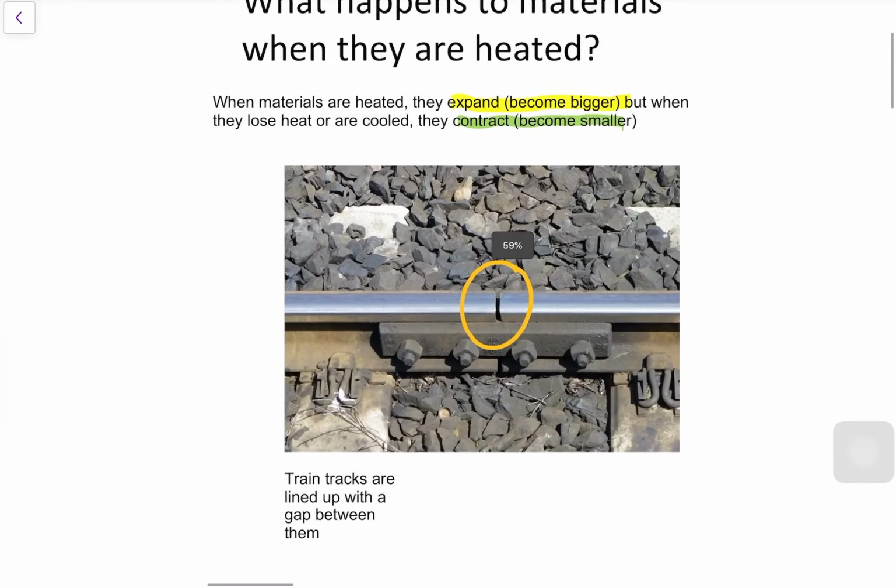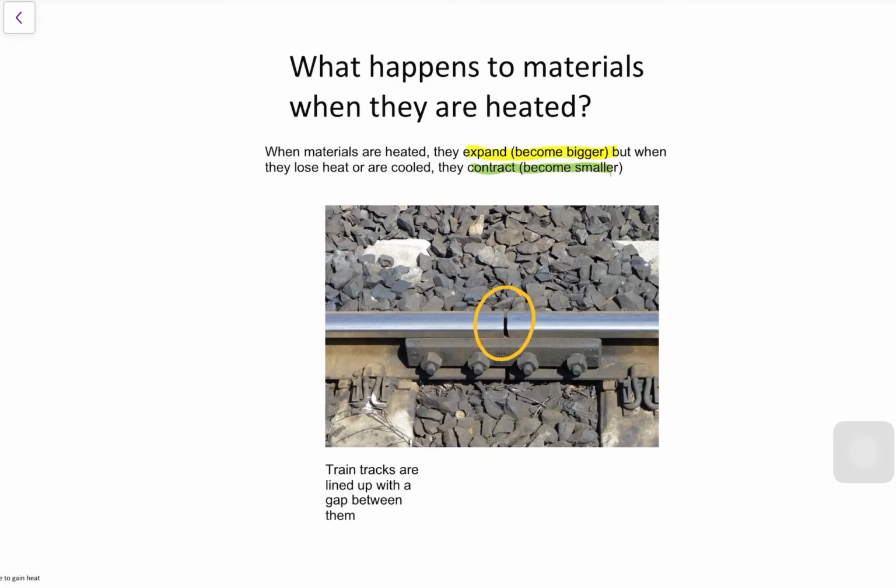All right, so moving on to the final section about materials and heat, we have this picture here. This picture is actually a train track, and you would notice that there is a gap in between these two train tracks here. The reason why there is this gap between these two rails is that when materials are heated, they expand, and when they lose heat, they contract.